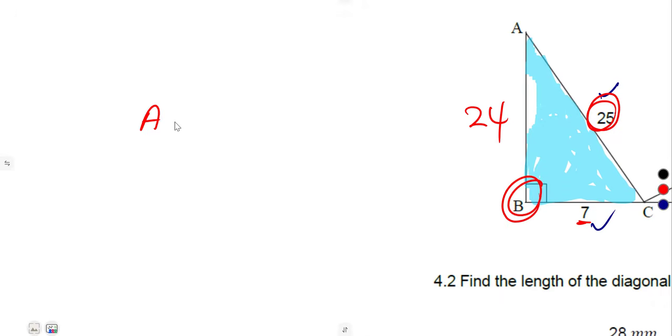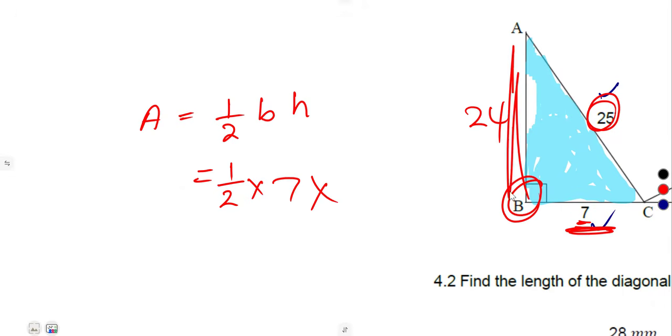So therefore, area in triangle ABC is half base times perpendicular height. Half times the base, which is 7, times the perpendicular height going up at 90 degrees, which is 24. So you can even use your calculator, or you can simply divide 24 by 2, that's 12.